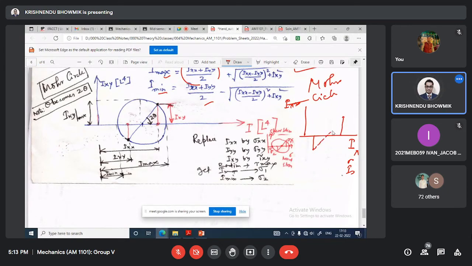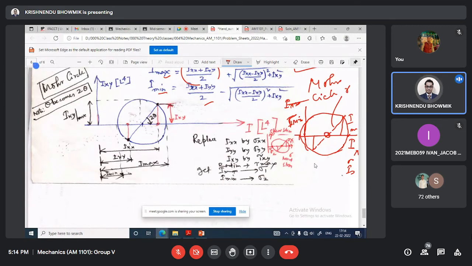Then you join these two points. You will get one center. Draw the circle. If you draw the circle, you will get, sorry, it may not be in the middle. Here it is I minimum, here I maximum, this point. And you will get some radius. This is the radius, and this is the center.